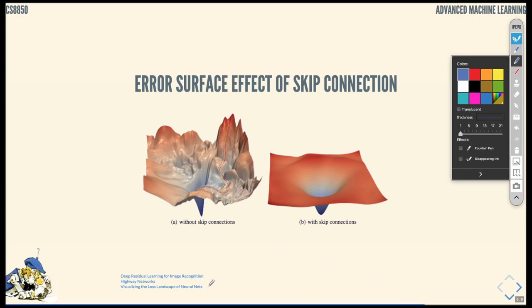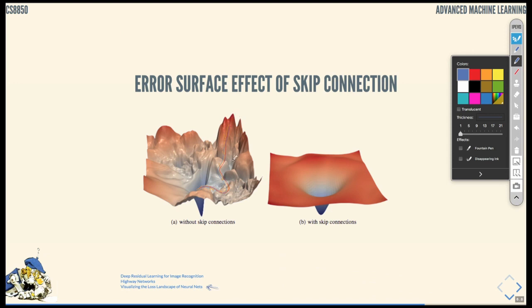If you're interested in how these visualizations were created, in a million dimensional space, how can we get a feel of what's going on? You can look at this recent, maybe 2 years old paper, visualizing the loss landscape of neural nets.